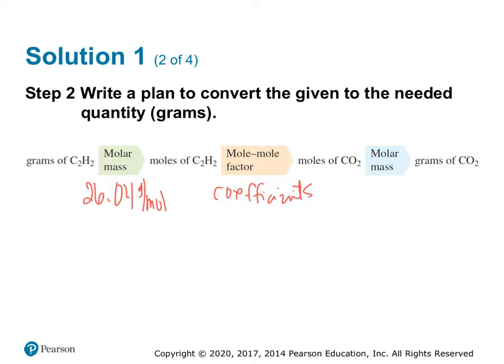And then that will get us to moles of our unknown. Once we have moles of unknown, we're going to use molar mass to find grams of CO2. This time we're going to use the molar mass of CO2, which we found to be 44.01 grams per mole. So we're going to need 3 conversion factors and 3 steps to solve this problem.